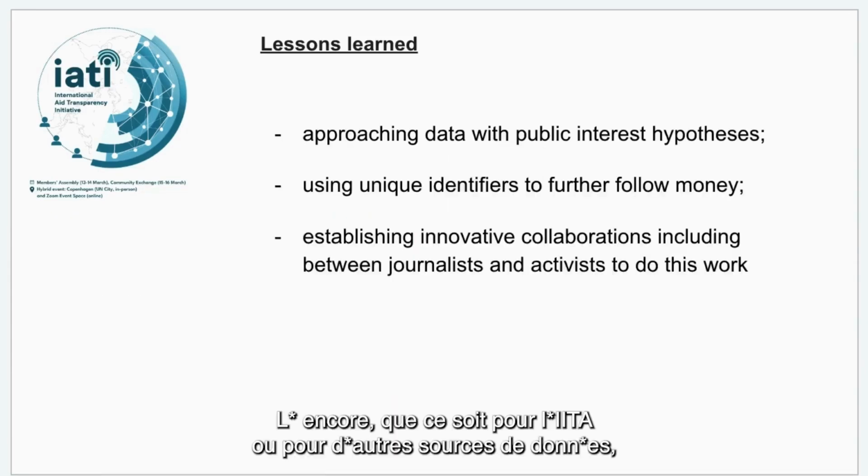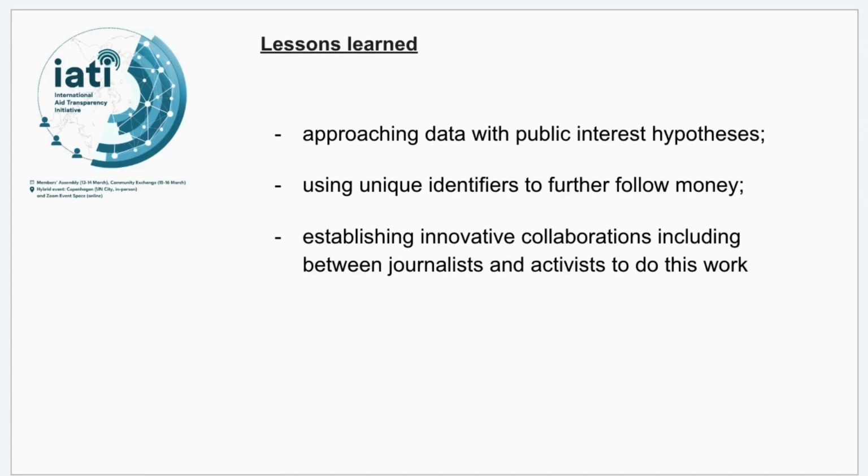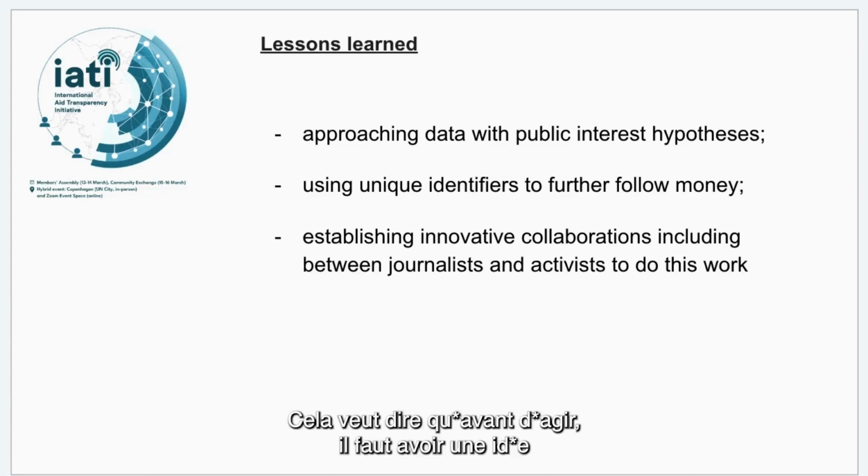Again with IATI, but also with other data sources, it's important, I think, to approach the data with public interest hypotheses, meaning having an idea of what you're looking for or why you're looking at it before you do.